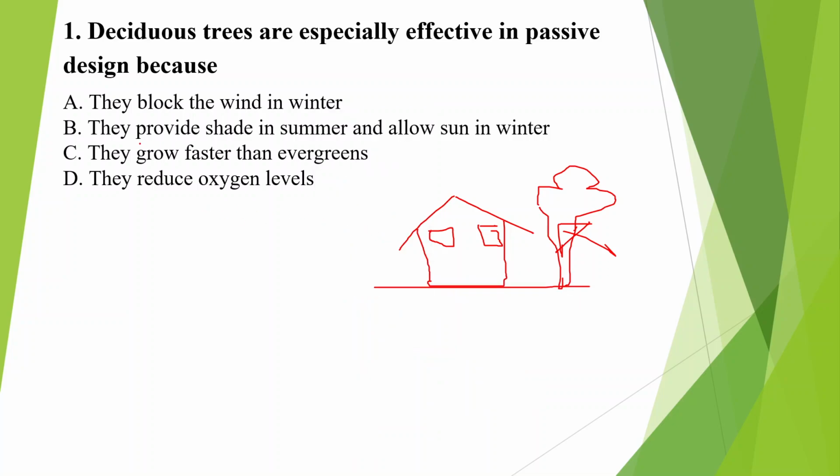Whoever knows the feature or the behavior of this deciduous tree can easily answer this question. Like, they provide shade in the summer. So whenever the summer hot and windy weather or intensive sunlight tries to come into the house, these deciduous trees around the house will help provide shade to your indoor spaces.